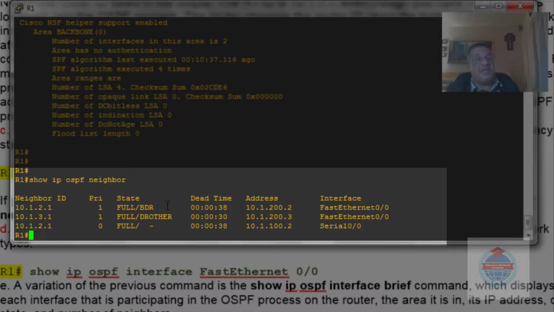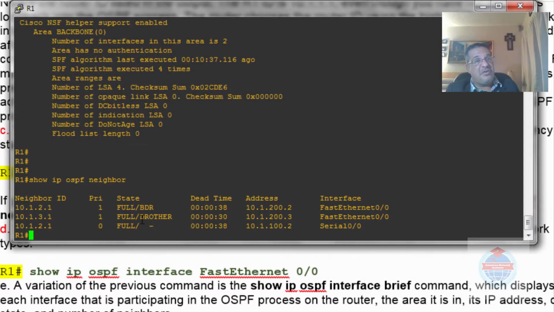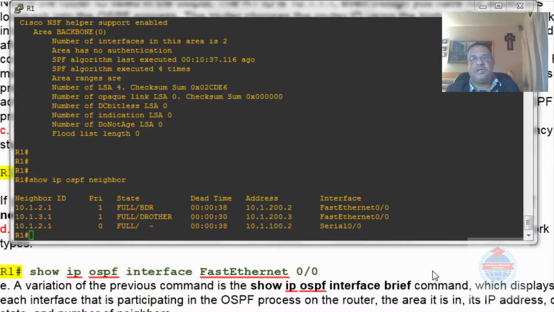Remember that OSPF takes the information and puts it on the DR and BDR, where all the routing tables are located. So the one that doesn't have that is a DR other. If you have the BDR and you have the DR other, that means that you're probably going to be the DR, as we saw previously, because it chooses the DR by the IP address, with the highest IP address on the loopback. Remember that, guys.